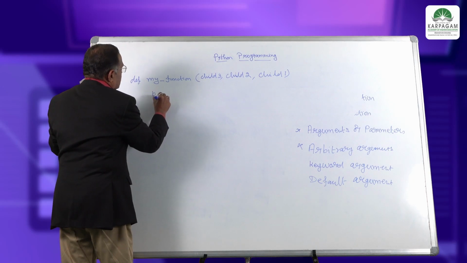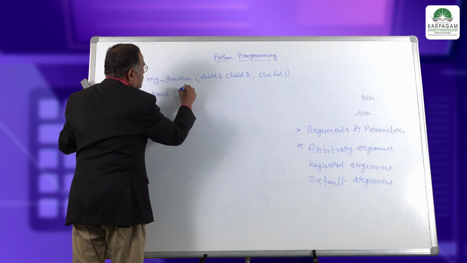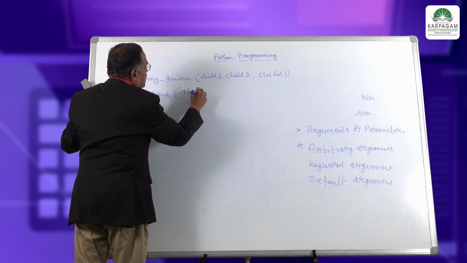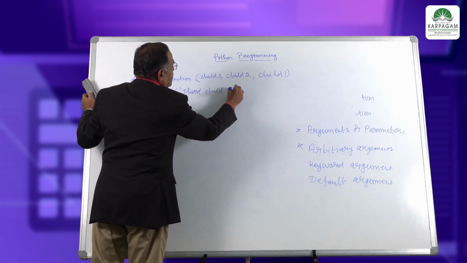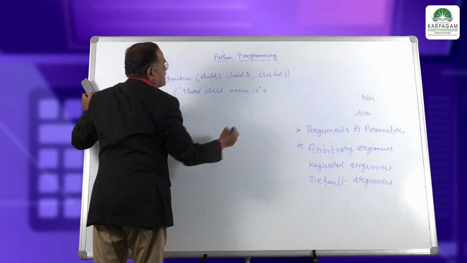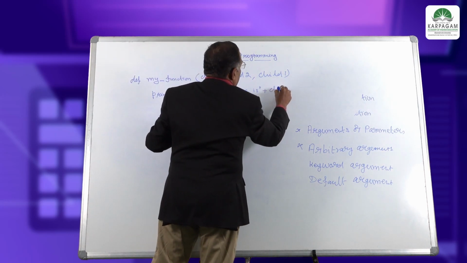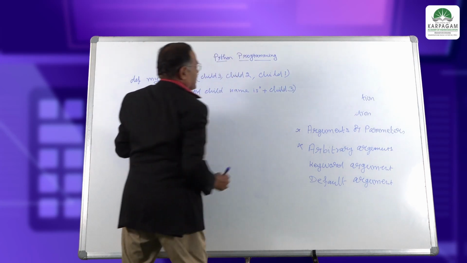Print "third child name is" plus child3. Close the parenthesis.